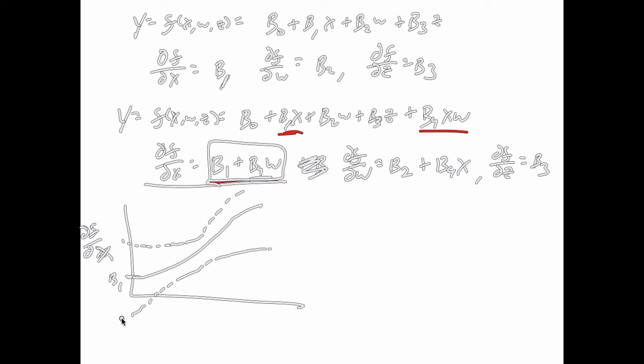What that tells you is at low values of w, we have a non-significant effect of x. Whereas at higher values of w, the effect of x on y is increasing. It is positive and significant here.